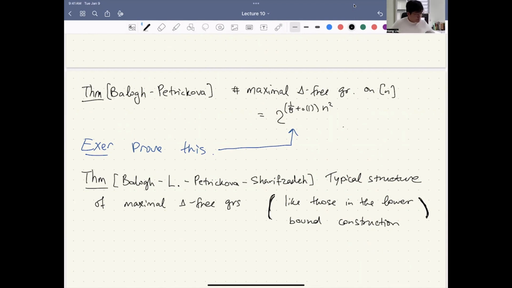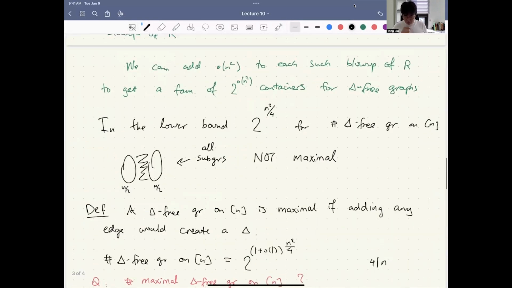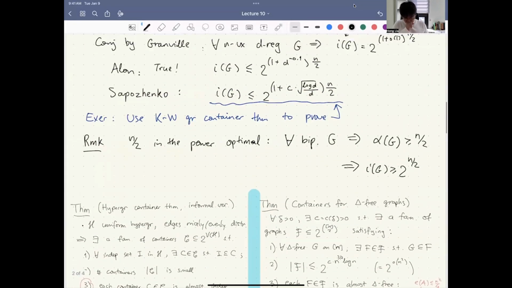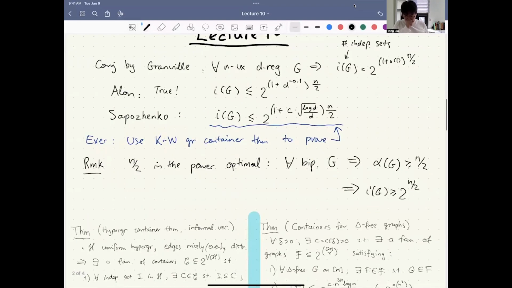So now, since we're talking about graphs under subgraph inclusion, these maximal triangle free graphs, let's take a slight detour to talk about maximal independent sets in a graph.